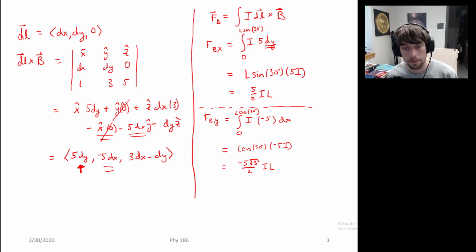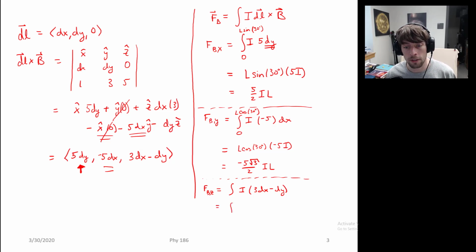But wait, there's more. Let's do the last one. F_B of z. And this one, of course, is a little trickier, right? I have the integral of I, and I have 3 dx minus dy. Well, I have to break that up, right? My integrations are with respect to different things.